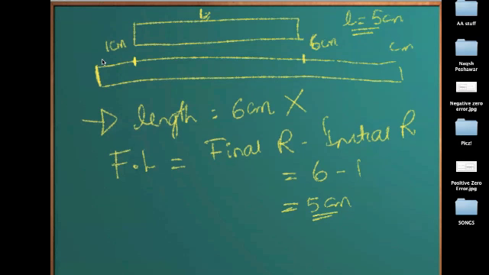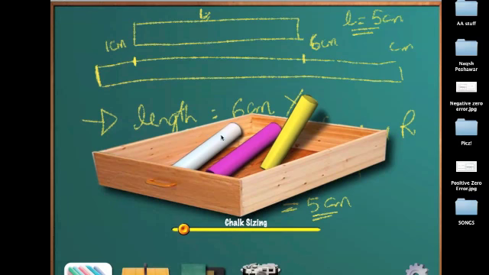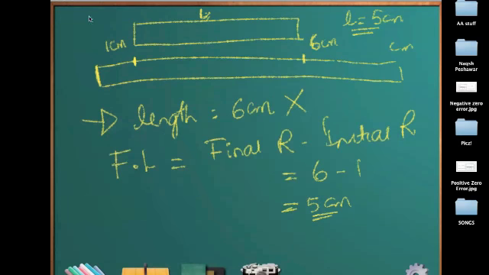Because of this, sometimes there are some errors introduced. For example, here if I started it, let me take another color, from a little point here, another object, and till here. For example, this is the 5 centimeters mark, and it ended up here. Let's assume this is 5.2.